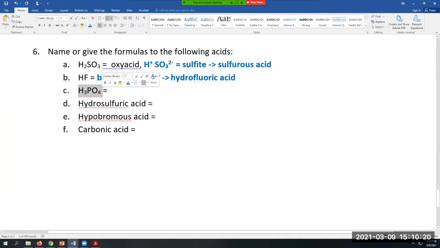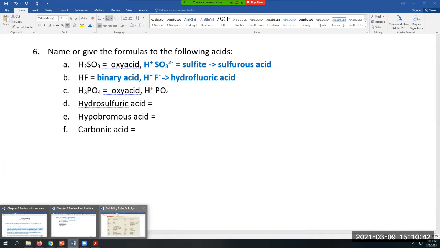H3PO4. Here we recognize the PO4 as a polyatomic ion, and hopefully by now you recognize that it is the phosphate. Let me just write that this is an oxyacid made of H plus and PO4.